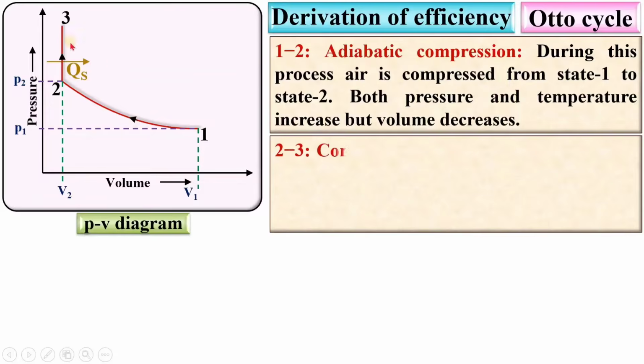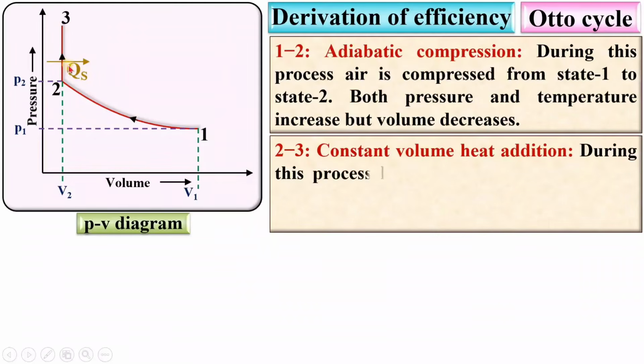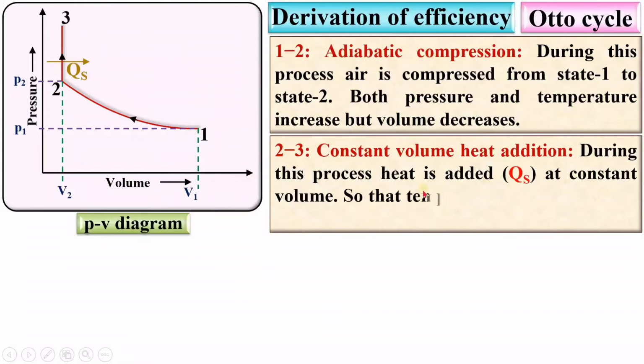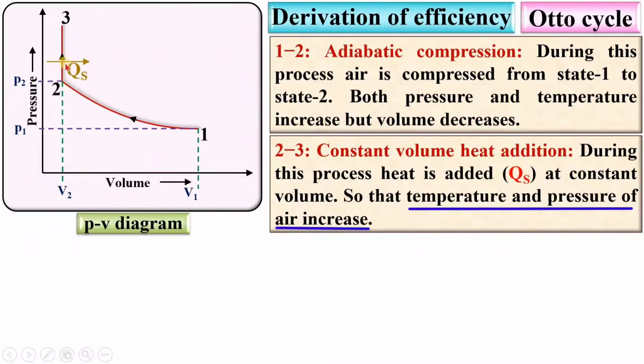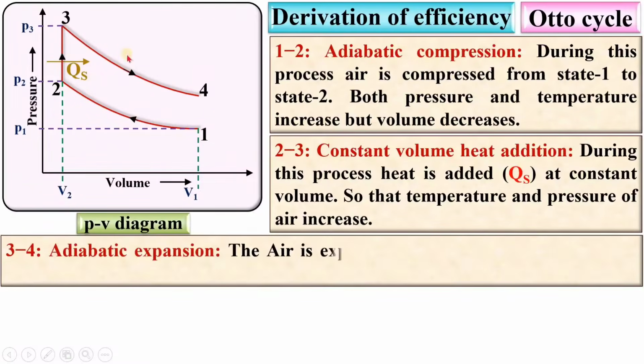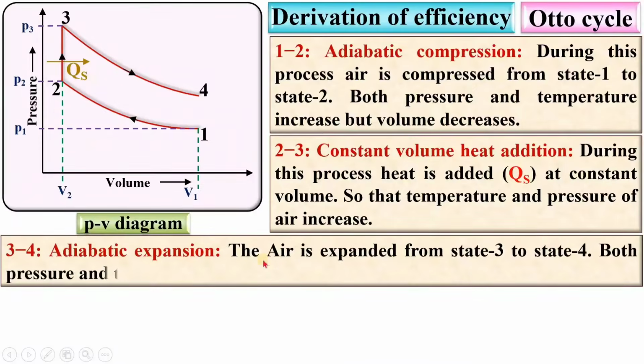So let's see the description of the 2-3 process, that is known as the constant volume heat addition process. During this process, heat is added at constant volume so that the temperature and pressure of air increase. Let's say the corresponding pressure is P3. Now next process 3-4, that is known as the adiabatic expansion.